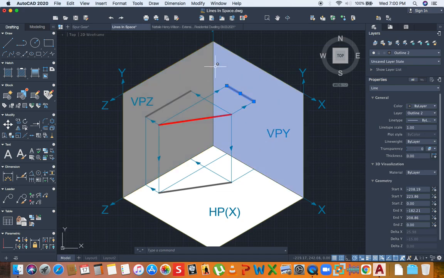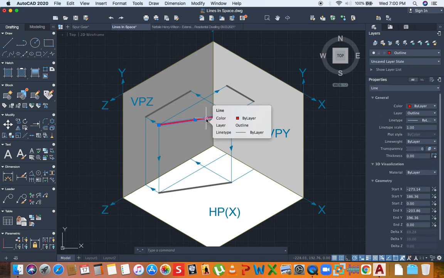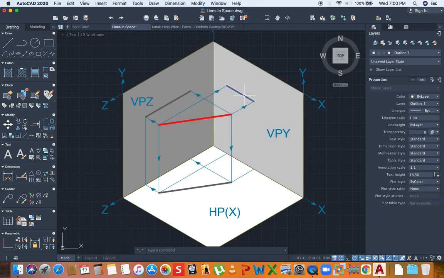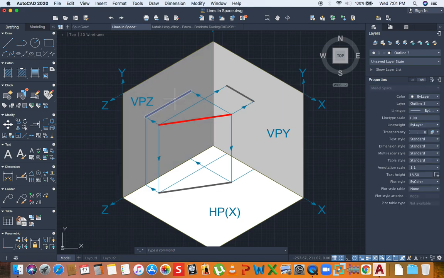So the vertical plane that is responsible for the side view, this line is not parallel to it. That is why it appears shorter. And it is appearing horizontal here.